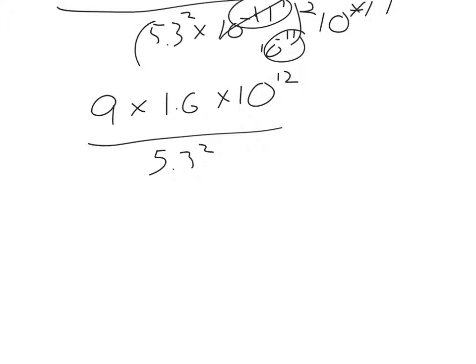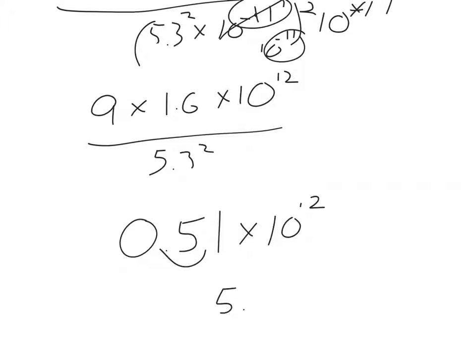So let's do the calculator real quick. And we get 9 times 1.6 divided by 5.3 divided by 5.3, and I'm getting 0.51 times 10 to the 12th, and if I move that decimal here, that's times 10 to the 11th, so 5.1 times 10 to the 11th, and when we do electric field, it's newtons per coulomb.